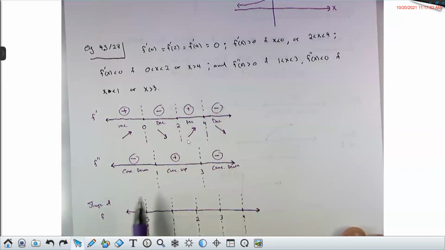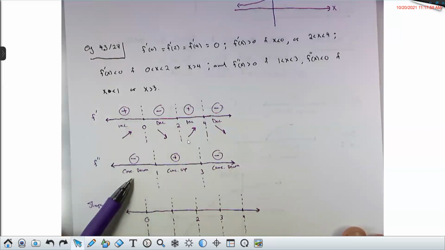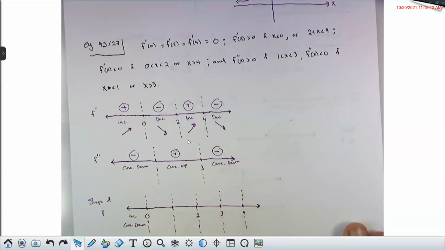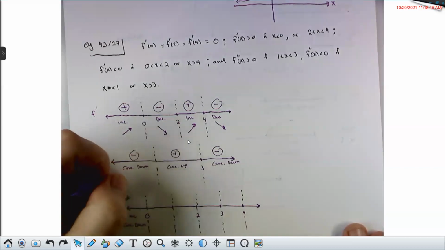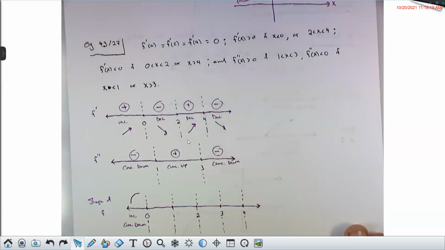All right, to the left of 0, I am certainly increasing and concave down, right? 0 is right here. So everywhere to the left of 0, I'm concave down. So this means we are increasing and concave down. And that looks like what? That looks like this, right? That's increasing and concave down.